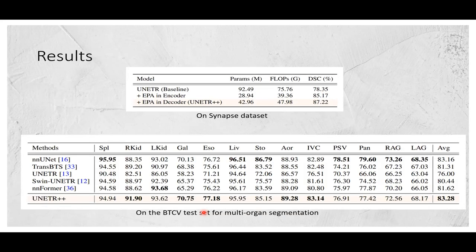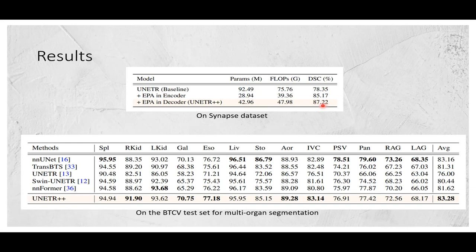For the results, first we are looking at the performance of our model over the Synapse dataset, and we are comparing with the baseline, which is UNETR. As you see, when we add EPA in encoder and decoder, we get a better and better DICE score.